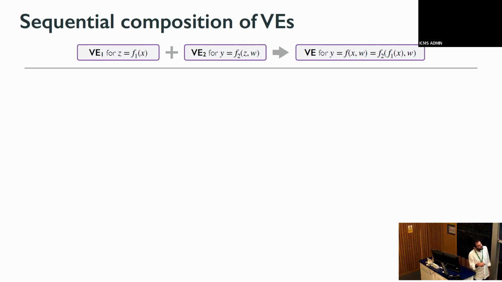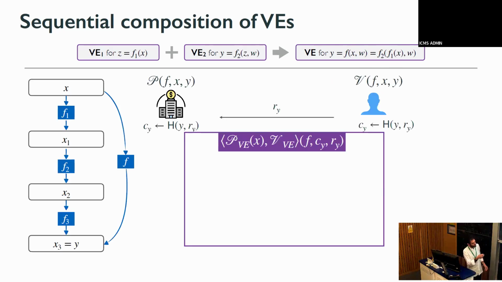So something like F of X, W is F2 of F1 of X, W. And I'm giving you a simplified example of how we can construct this composition. So assume that instead of having this kind of nesting, you have a more purely sequential composition of F1, F2, F3.